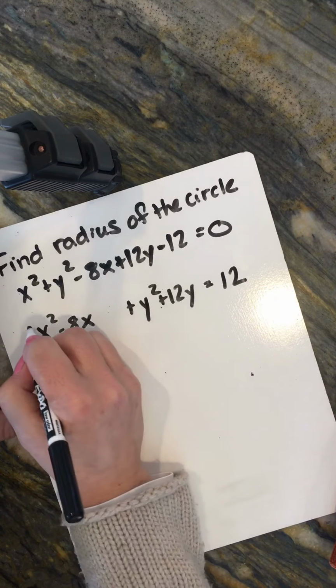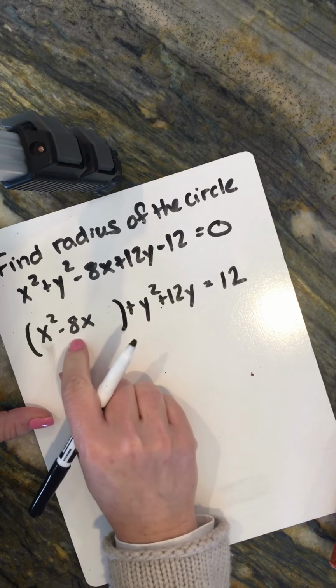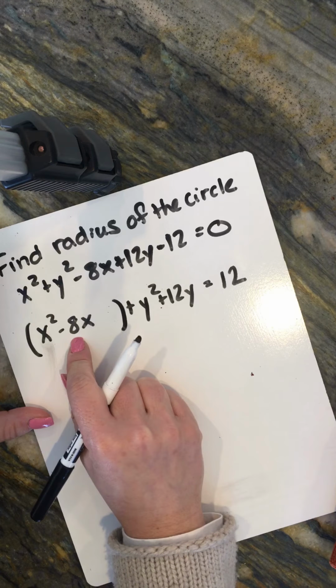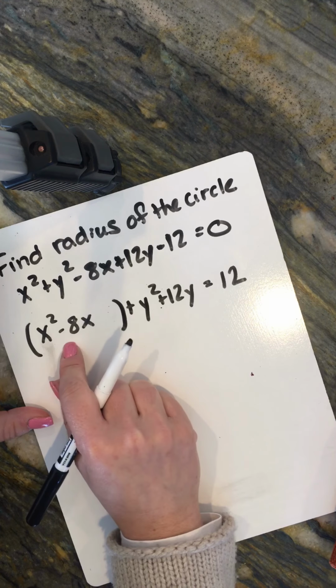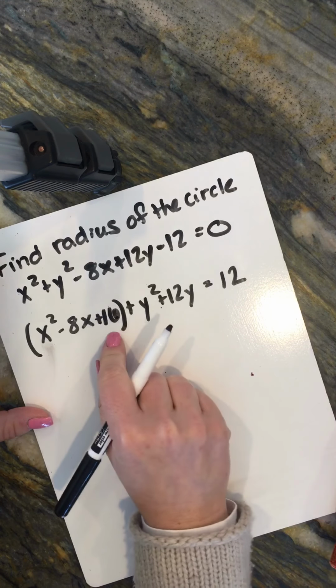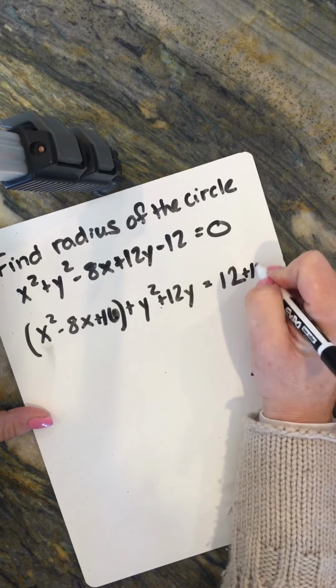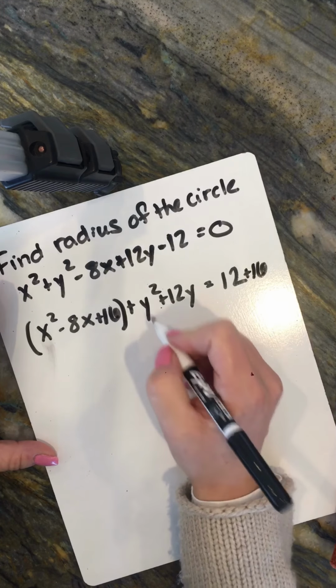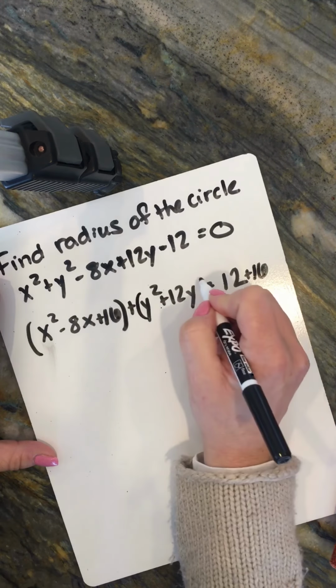Okay, so let's complete the square here. Remember, this will become the middle term of your trinomial. Divide the coefficient in half, and so that's -4 squared is 16. But remember, whatever you do to one side, we need to do to the other side to keep our equation still an equal equation, not an inequality. And we're going to do the same thing over here.